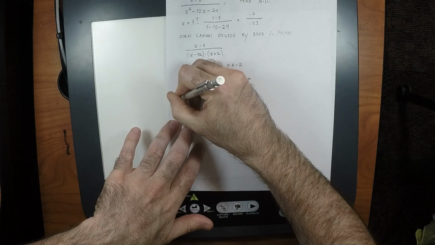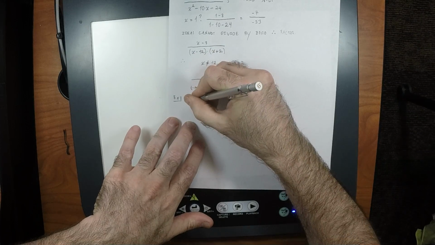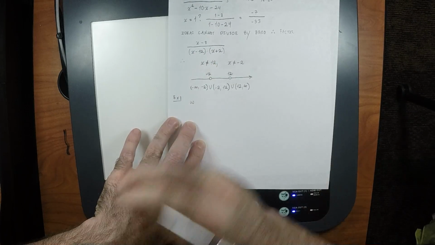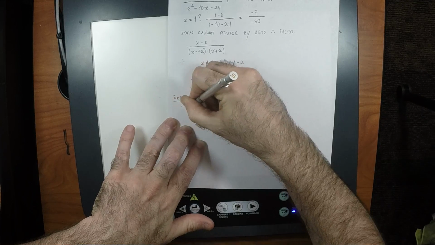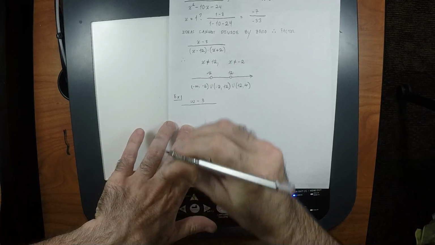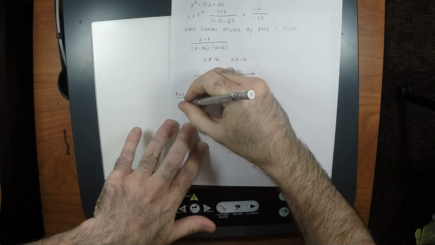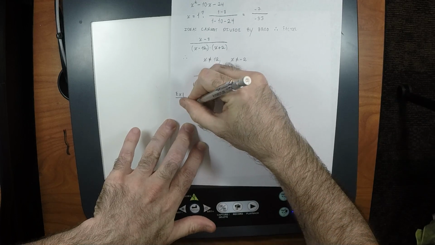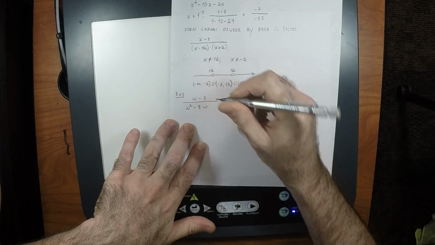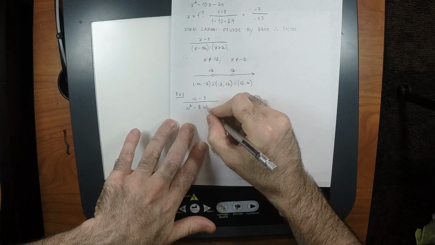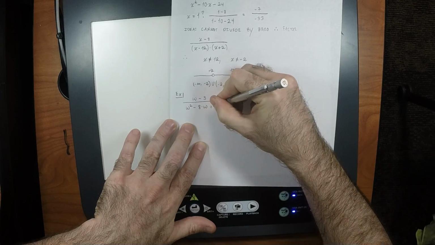So here's another one. How about w minus 3, divided by w squared minus 8w plus 15.